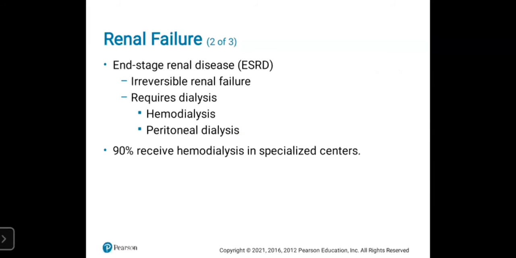End-stage renal disease. This is your irreversible renal failure. It requires dialysis, whether it's hemodialysis or peritoneal dialysis. 90% of people with end-stage renal disease are going to receive hemodialysis in specialized centers.